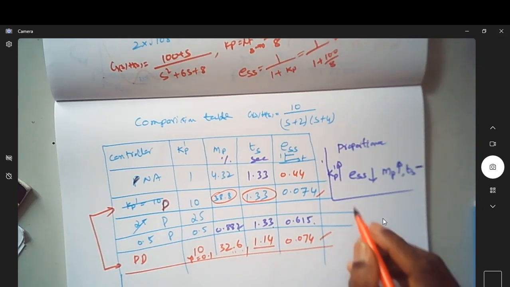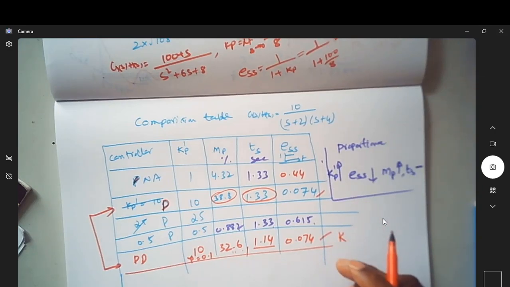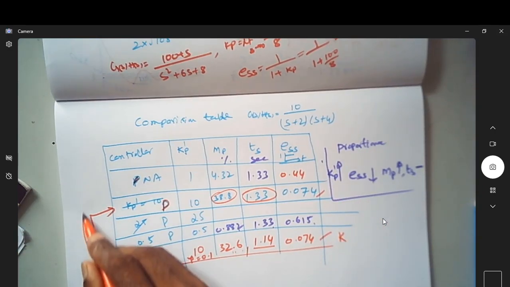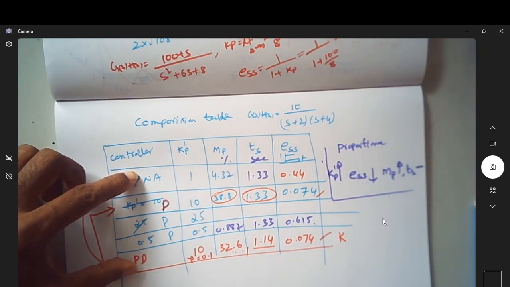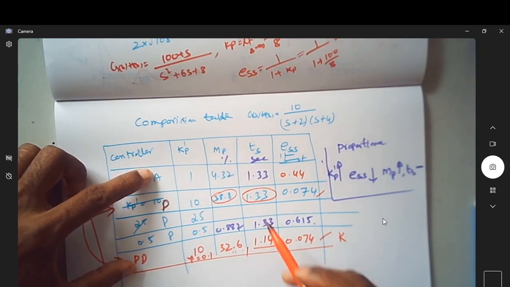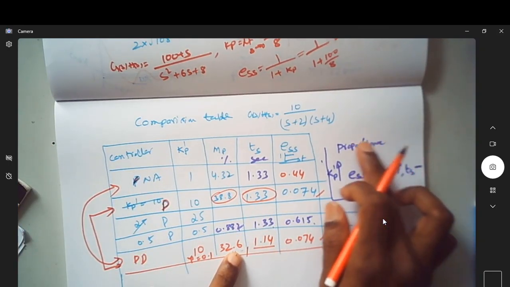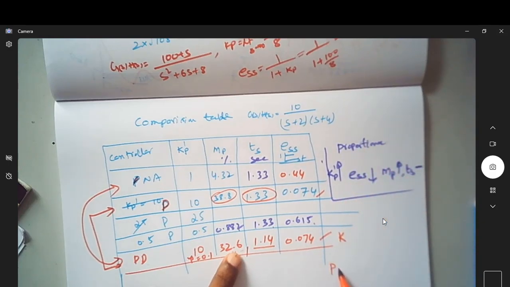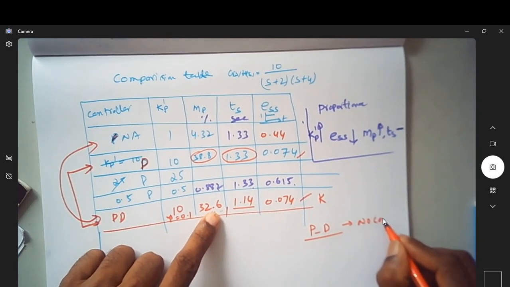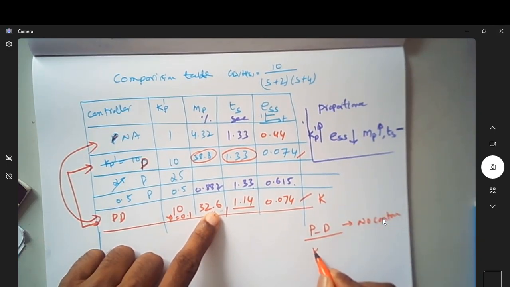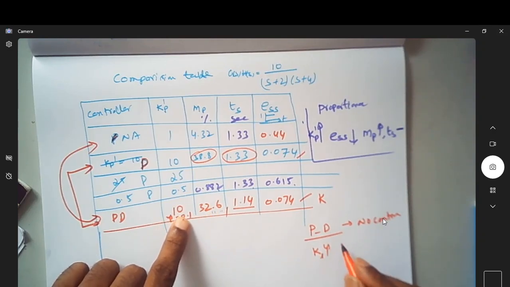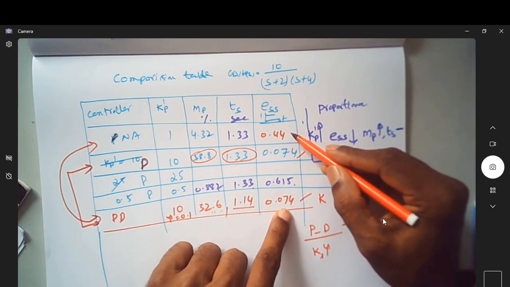But what we are trying to understand is, if you compare the PD controller with no controller, can you see this has certainly increased? This is compared to without controller. For a given value of K and tau, can you see ESS has certainly reduced?